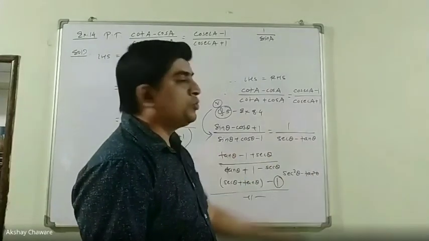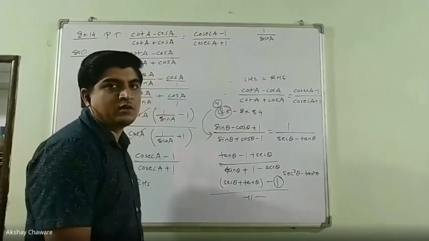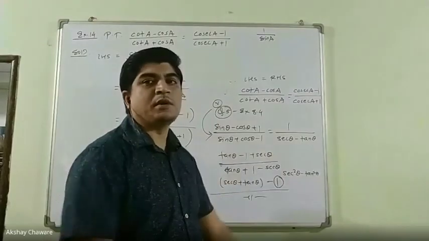So again your numerator will become the identity sec square theta minus tan square theta, and that is nothing but 1, so you will get the answer as 1 upon sec theta minus tan theta.